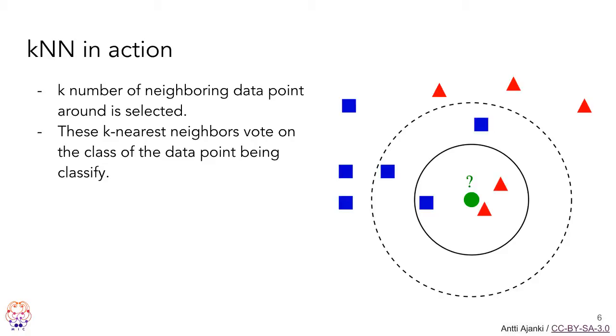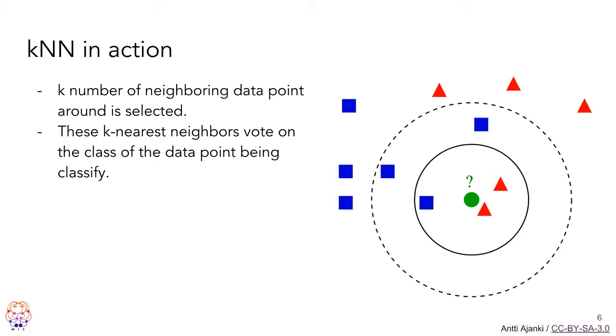The 3 nearest neighbors would be the 2 red triangles and the blue square right there. Each of the neighbors would have a vote on the classification of this new data point. In this example, with k equal 3, 2 out of the 3 votes are red triangle, so in this case, we will classify this data point as red triangle.